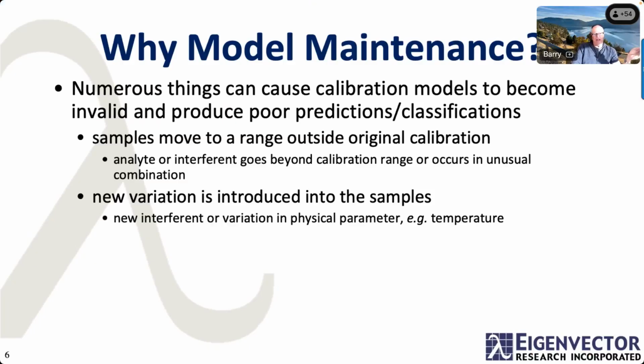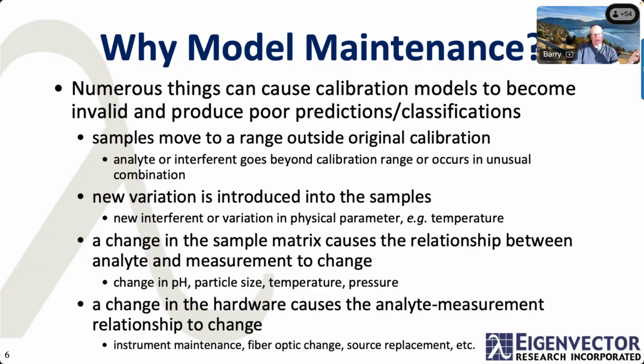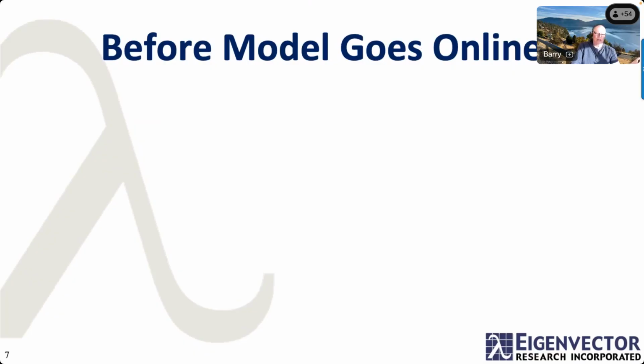New variation can get introduced into the sample, or you can get a change in the sample matrix that causes the relationship between the analyte and the measurement to change. And then, of course, there's the changes in the hardware themselves. So there's a lot of things that can happen that makes your models start producing results that aren't right on.